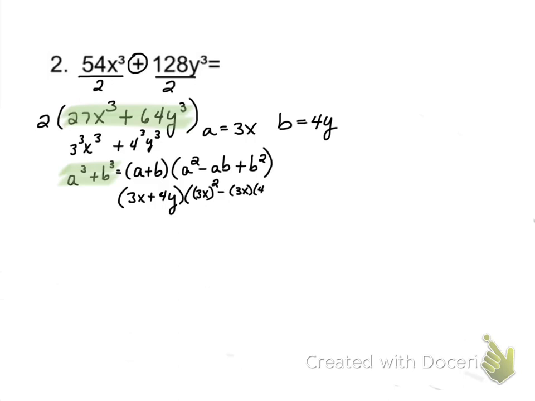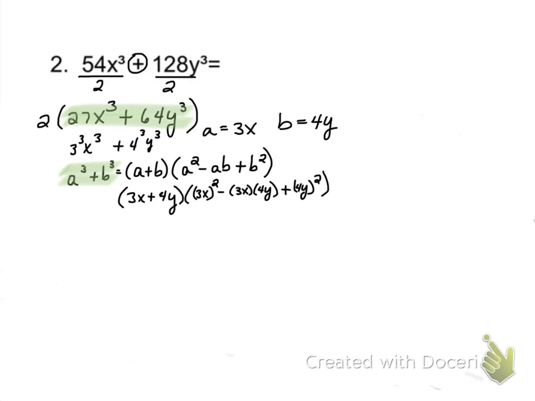So that's our a times b, plus b squared is 4y, all of that squared. Okay, now remember I said we don't leave it. We're going to go ahead and multiply all those things out in that second set of parentheses.